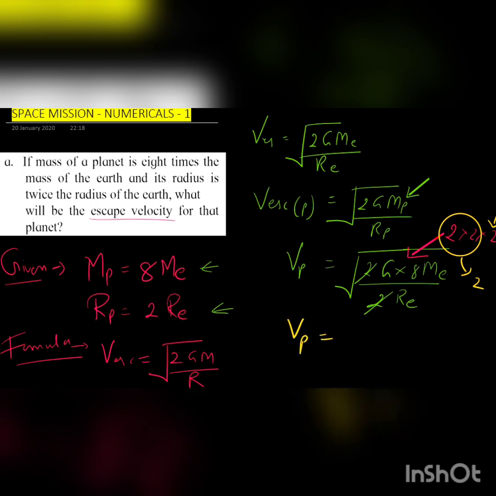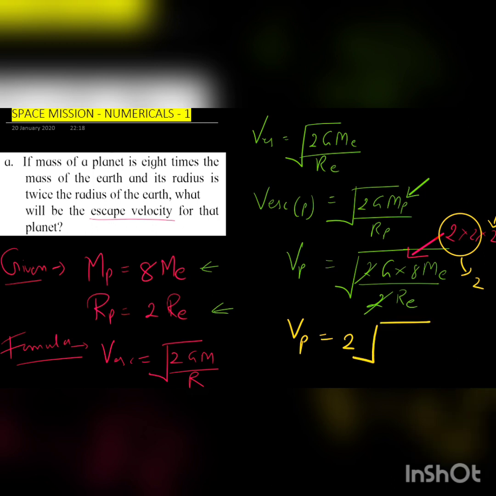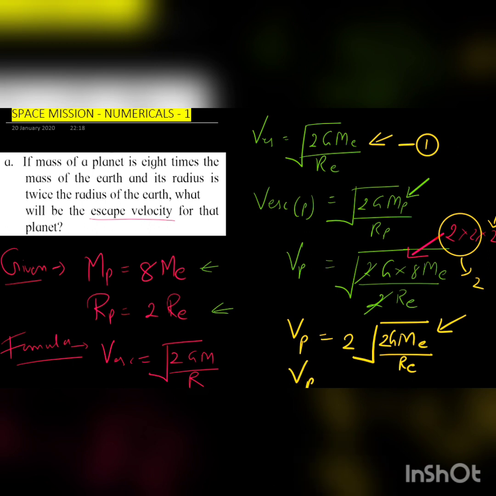So Vp equals 2 times square root of 2GMe upon Re. What is this value? Isn't it the escape velocity for earth? So we can replace it with 2 times the escape velocity for earth.